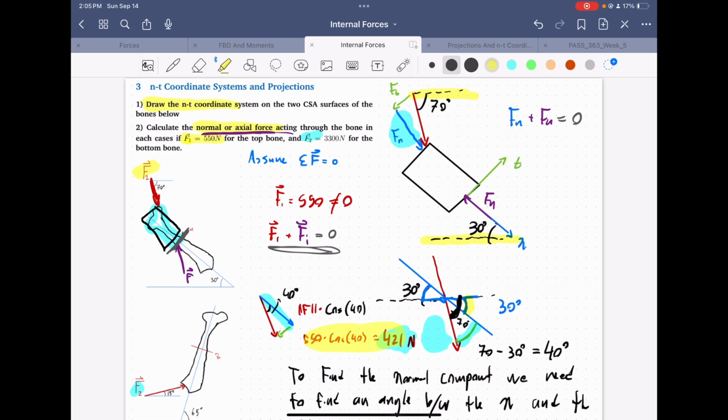So this will allow us in a future step to calculate normal stress because we want that force in the normal direction. We want to see how much it's getting squished per se.